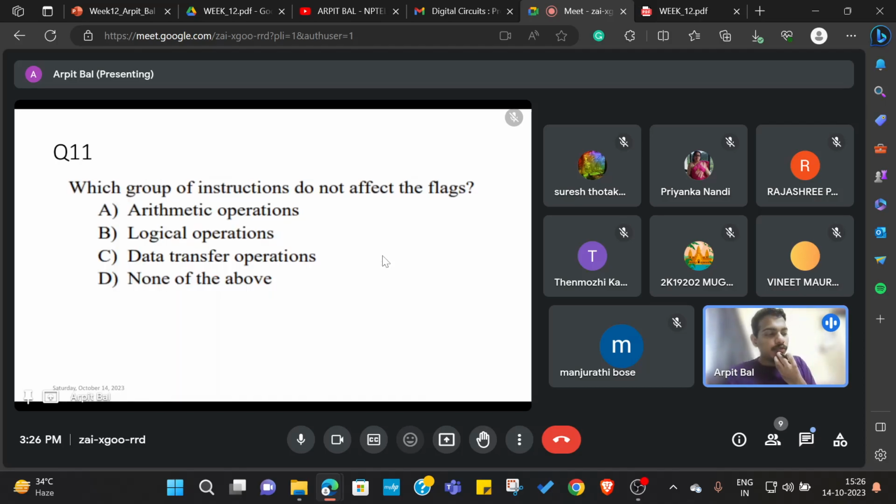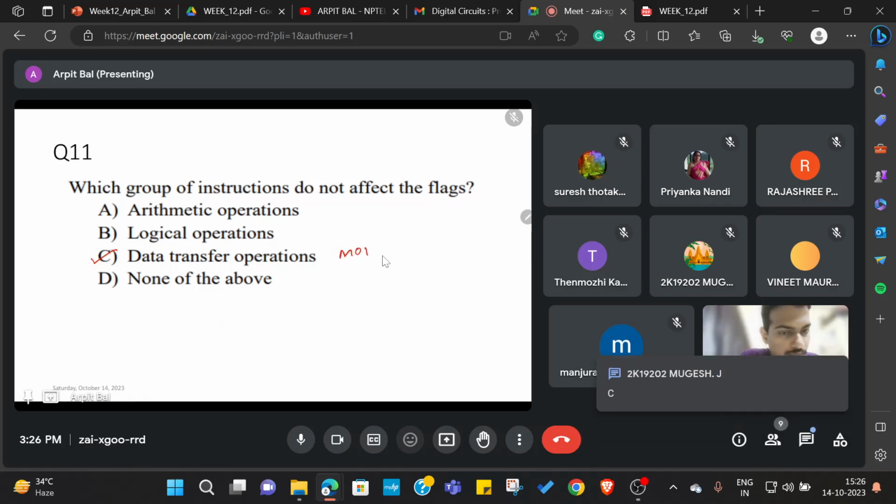Okay, now moving to the next question, which group of instructions do not affect the flags? Data transfer. Correct. Can you give an example of a data transfer instruction? Move instruction. Correct. So option C is correct.